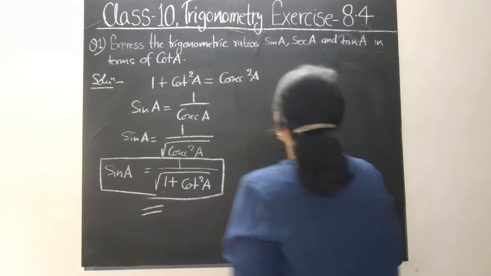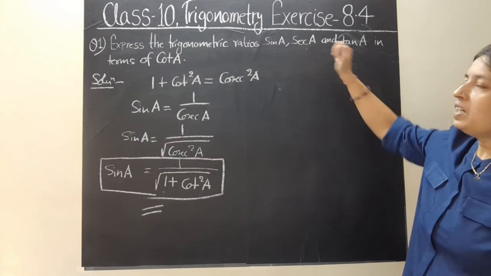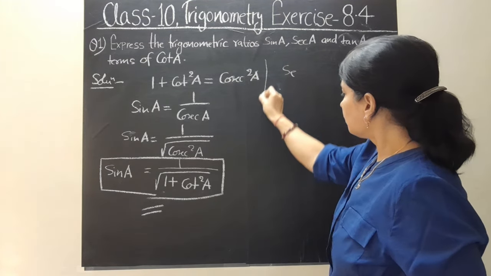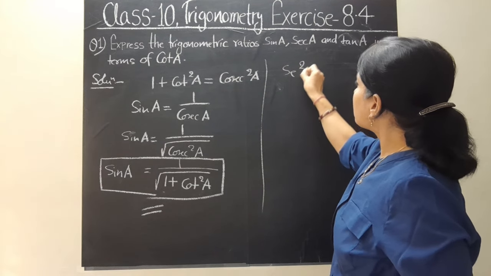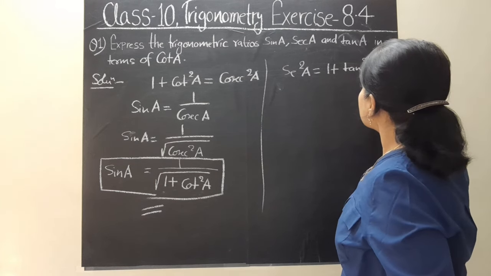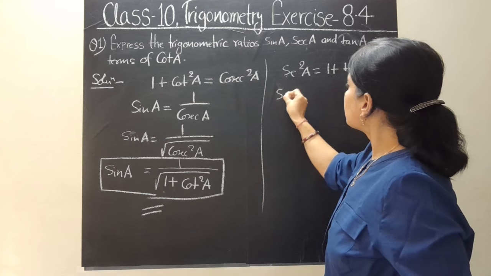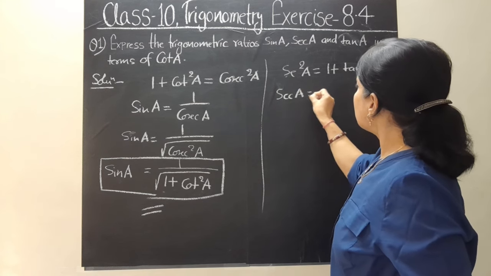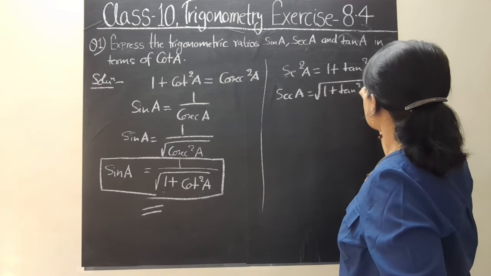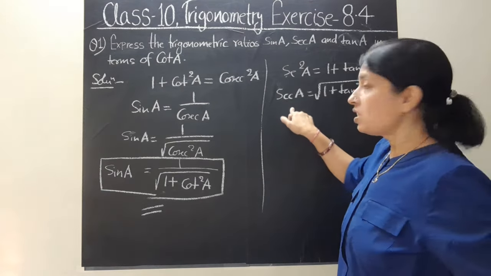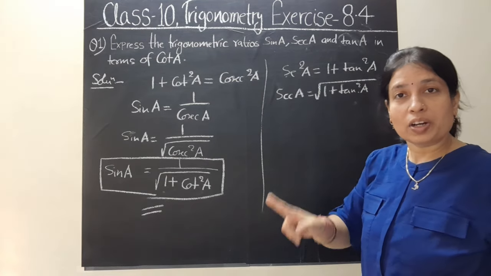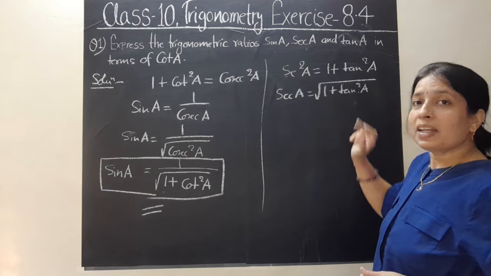Then you have to express sec A in terms of cot A. You know that sec square A is equal to 1 plus tan square A. So we can write sec A is equal to square root of 1 plus tan square A. But we have to express sec A in terms of cot A. So we will change tan A into cot A. What is the value of tan A in terms of cot A?